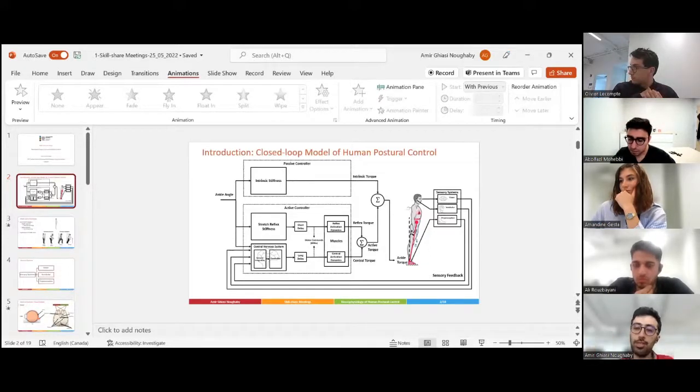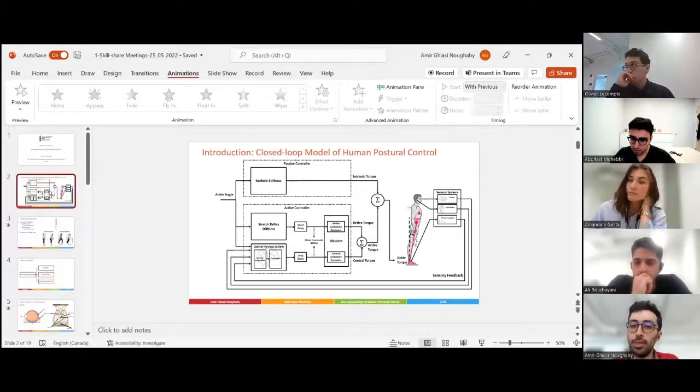Then they realized that the central nervous system is also acting and plays an important role in this model. So there are some feed-forward models that people have developed and added some other components to. And I think this is the latest and most important simplified model of human postural control.